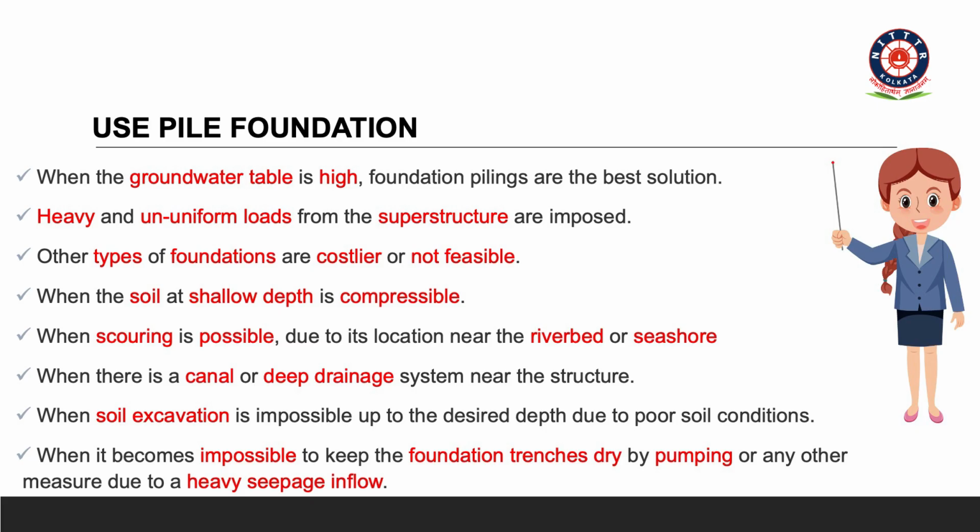And when there is a canal or deep drainage system near the structure, we go for pile foundation design. Also when soil excavation is impossible for the desired depth due to poor soil condition, we recommend the pile. And when it becomes impossible to keep the foundation trench dry by pumping or any other measure, like heavy seepage inflow, piling can also be done.